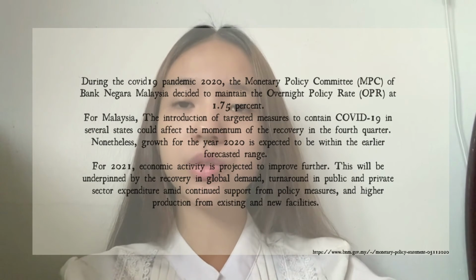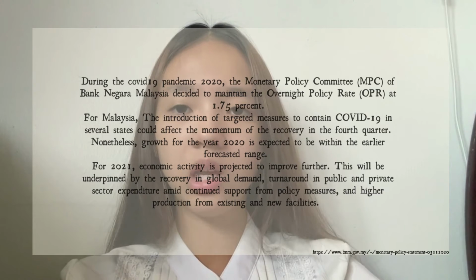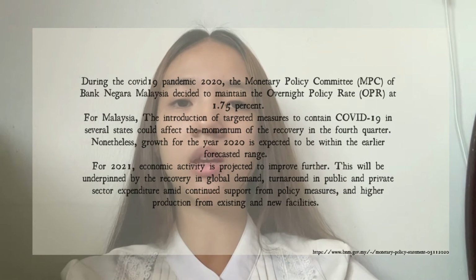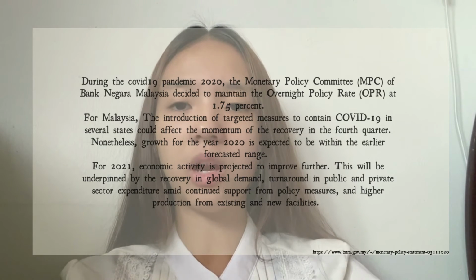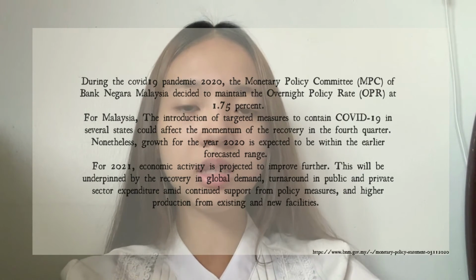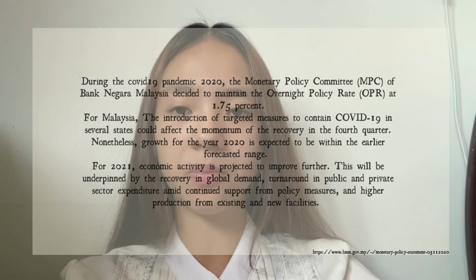As referred to the monetary policy statement in Bank Negara Malaysia during the COVID-19 pandemic 2020, the Monetary Policy Committee of Bank Negara Malaysia decided to maintain the overnight policy rate at 1.75%.